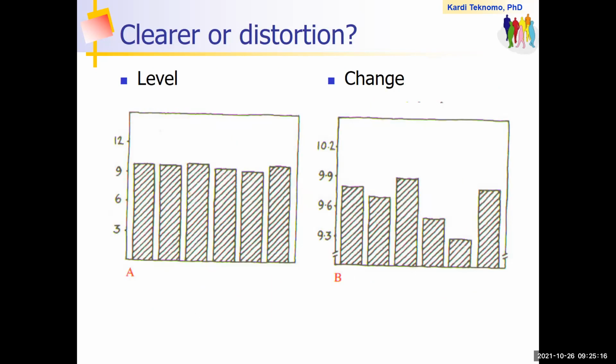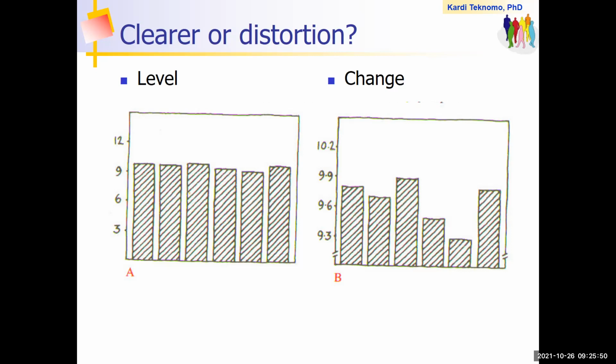Next is the same here. Scaling matters. The left picture represents, as if it's level, right? The trend is almost the same. On the right side, you got the scaling between 9 to 10, so the curve looks very big.